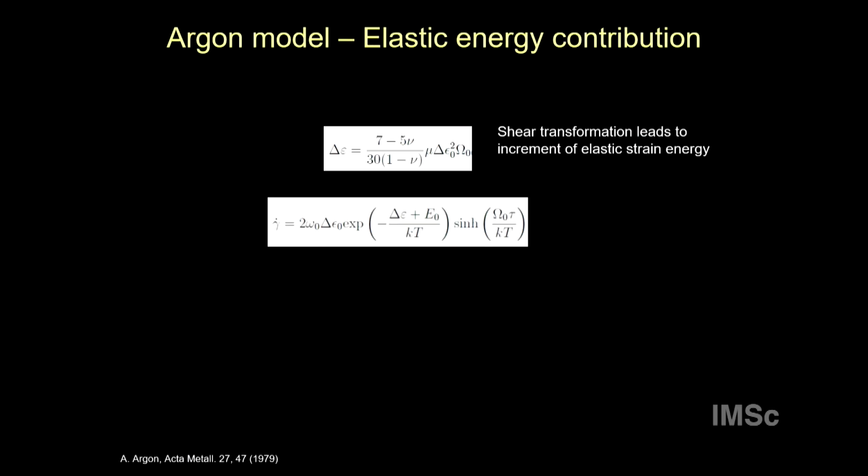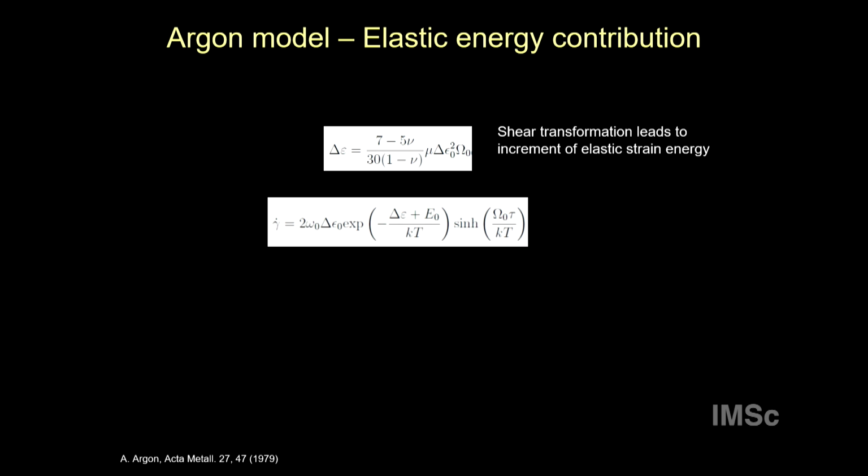And Argon introduced some more elements to this model. He said that when you do a shear transformation, or when you have a rearrangement, there is an increment of elastic strain energy. One can estimate this elastic strain energy from the Eshelby argument, and then write the shear rate for the system in this fashion.